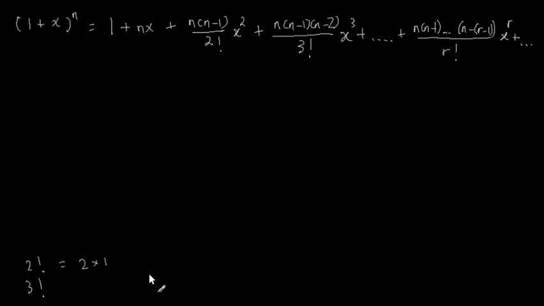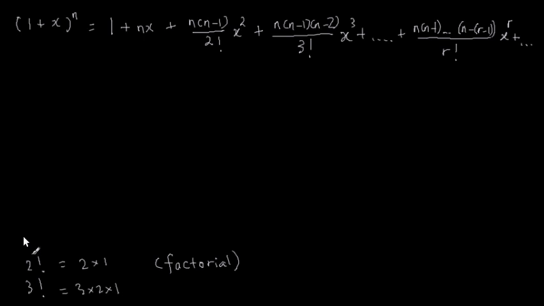The exclamation mark here is described by the word factorial. So 2 with an exclamation mark, we call it 2 factorial, and it is equal to 2 times 1. And 3 factorial means 3 times 2 times 1. Okay, so you get the idea.